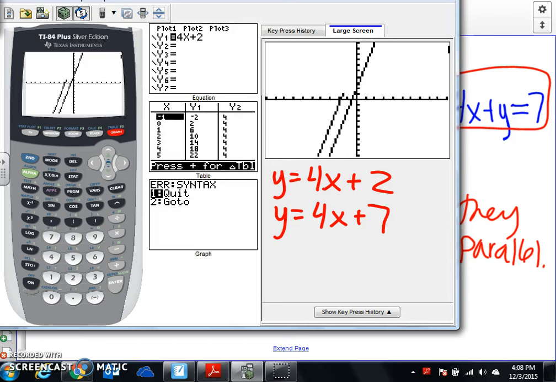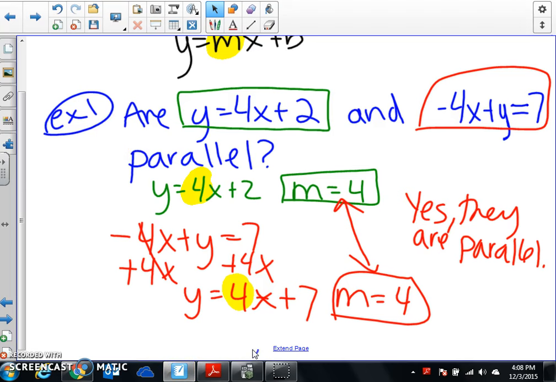There's my first equation. There's my second equation. Sure enough, I know that's a little off, but those lines are parallel. They will never intersect. So yes, they are parallel. Okay? So that's one way to tell if they are parallel.